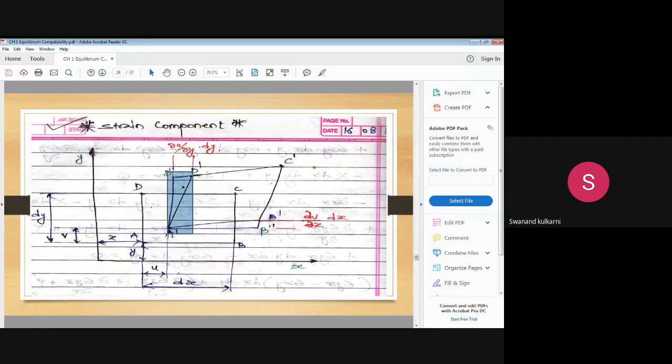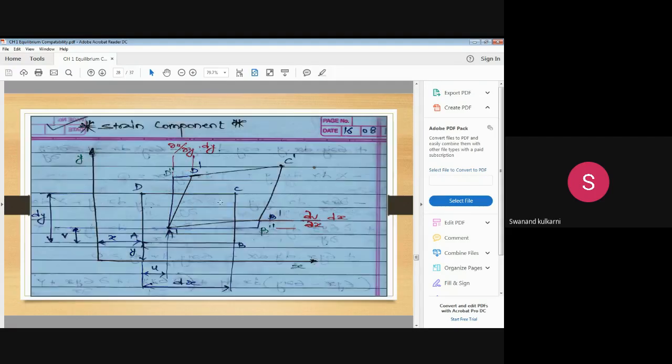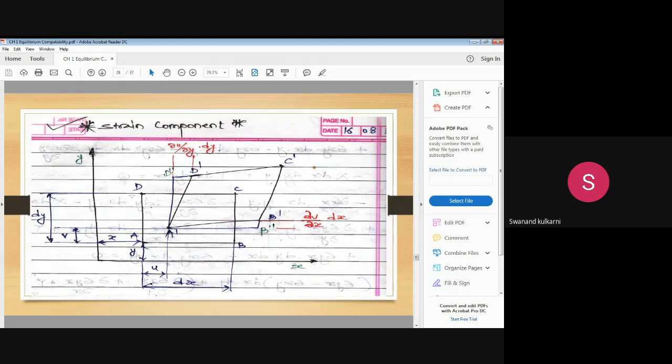Then A dash, D dash minus AD divided by the original length AD will be the strain along y direction. So we have strain along x direction and strain along y direction. For that purpose, we are referring to AB and A dash B dash, AD and A dash D dash. Is it okay? So the change in length is measured and divided by the original length to give the strain in x and y direction.